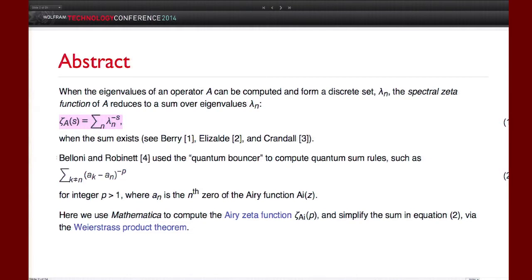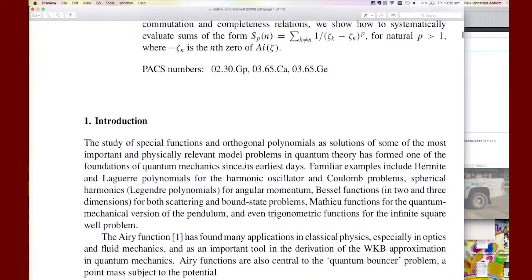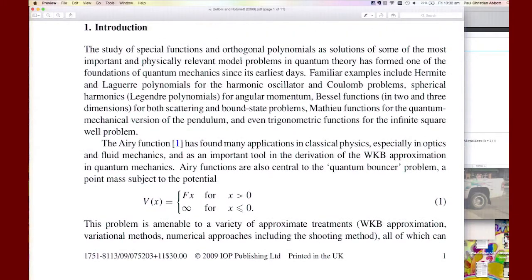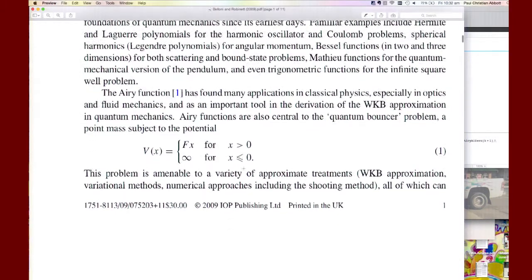Now, what struck my interest in looking at this, there's a paper, Belloni and Robinett, a 2009 paper, J. Phys. A, "Constraints on Airy function zeros from quantum mechanical sum rules." I'm not going to go through the paper, obviously, but basically they're solving a differential equation, computing the eigenvalues of this differential equation.